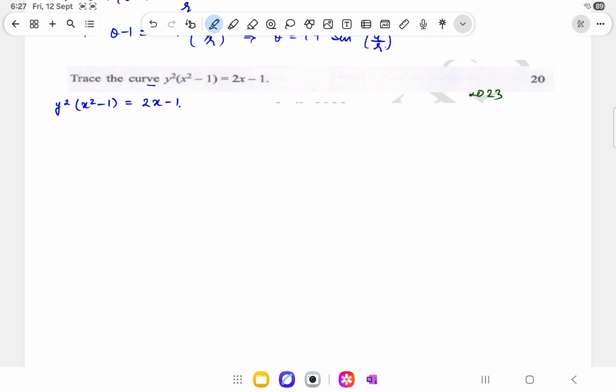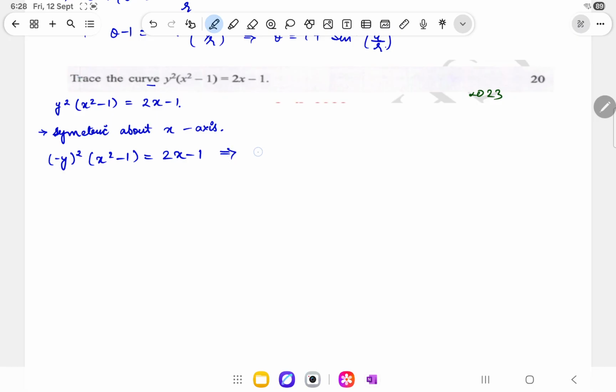So if you see that it is symmetric about x-axis, because this curve gives me the same equation when I put y equals to minus y, that is minus y square into x square minus 1 is equals to 2x minus 1.